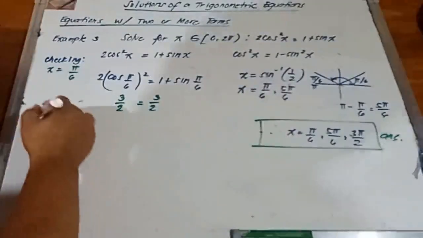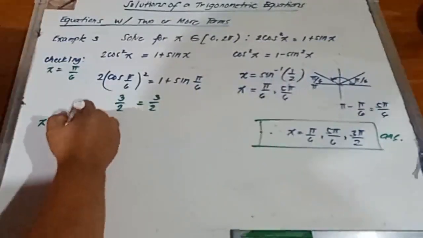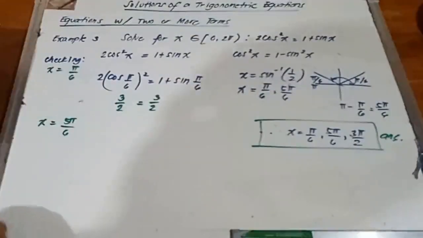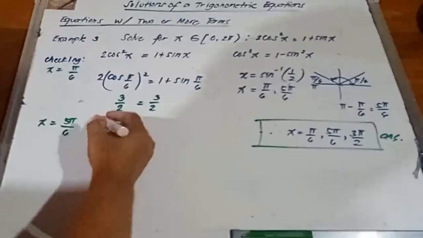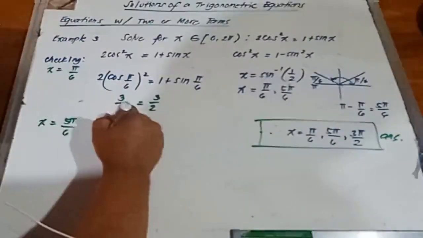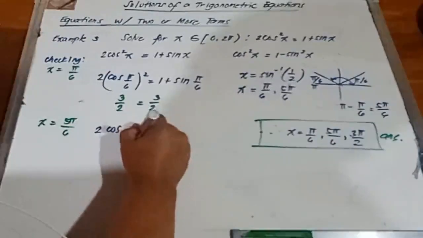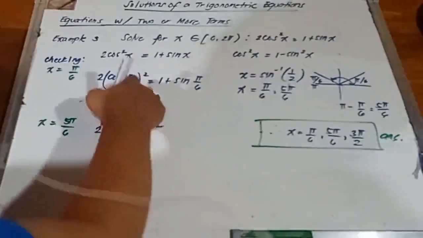Try na rin natin itong isa. X equal to 5 pi over 6. Okay. Substitute. So, 2 cosine 5 pi over 6 squared. Nilabas ko na squared.